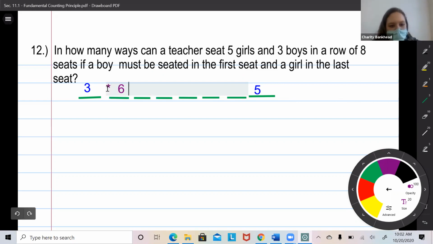And then there's going to be 5 possibilities for that seat, and 4 possibilities for the next seat, and 3 possibilities for the next seat, and 2 possibilities for the next seat, and 1 possibility for the last seat.